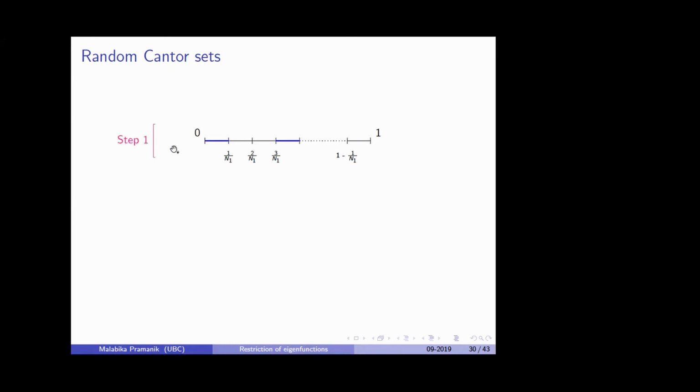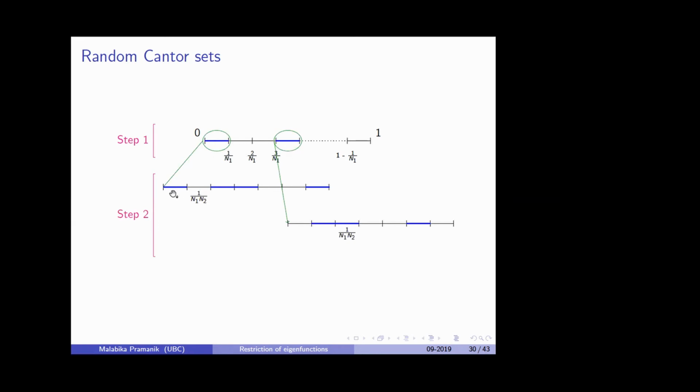So in step 1, these intervals in blue are the ones for which my coin landed heads. We do the flipping independently for each subinterval. Once the first step is concluded, we decompose each selected interval from level 1. So we had 2 selected intervals at level 1.